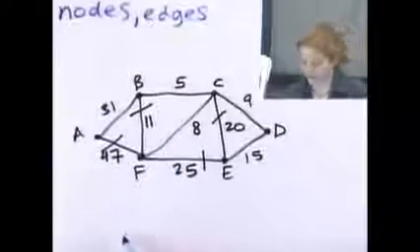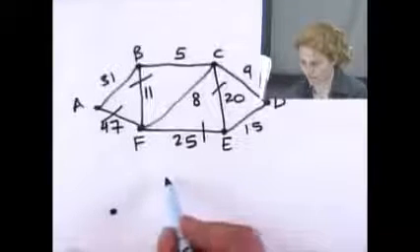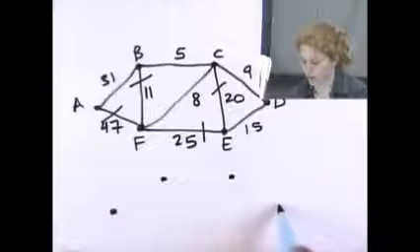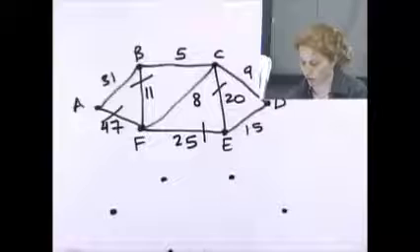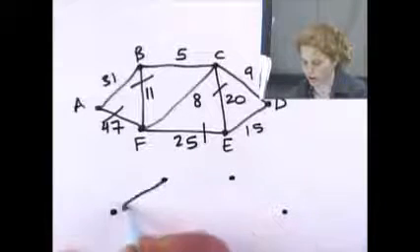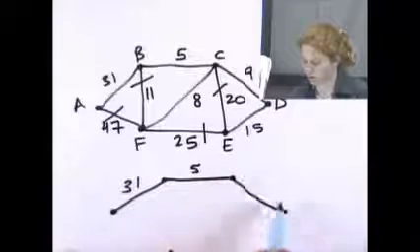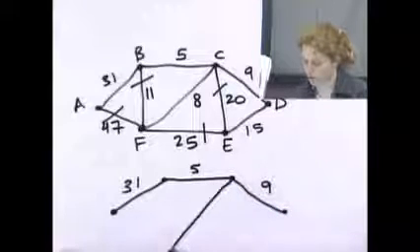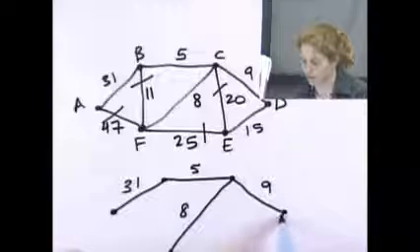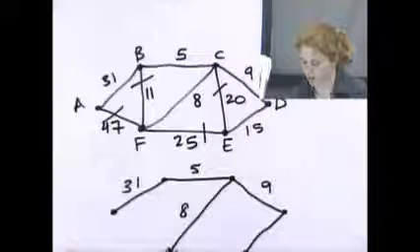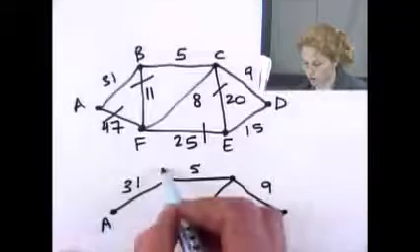So let's check it out and make sure that we have a tree left. The way you can do that is just by redrawing all the nodes and then drawing in the edges that you left. Then it's really easy to see if it's connected or not because you shouldn't have any dots out by themselves.